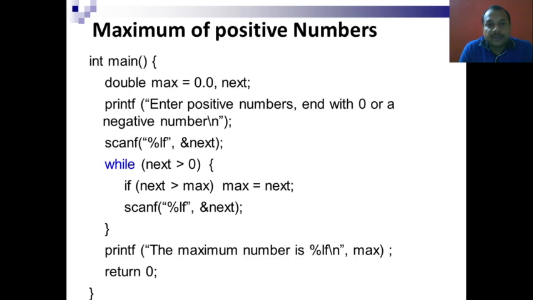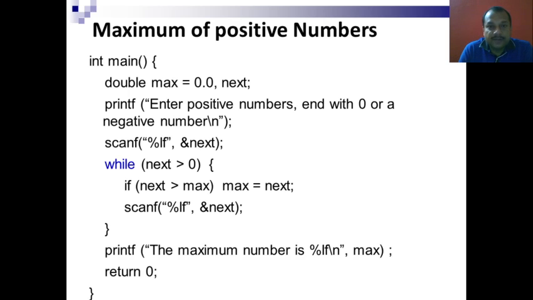Better that you assume a number which is obviously not a maximum for the given input. That's why I am assuming double max equals 0, and next is another variable.